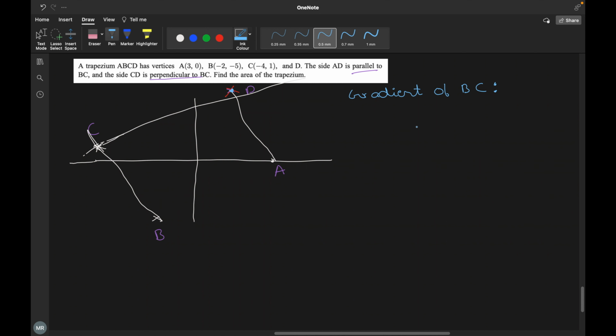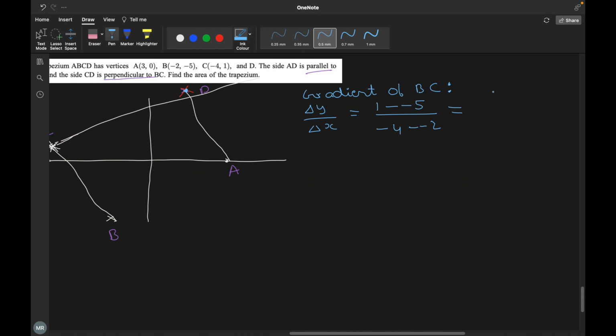So let's do it. Gradient of BC, which is change in y by change in x, would be 1 minus negative 5, divided by negative 4 minus negative 2.